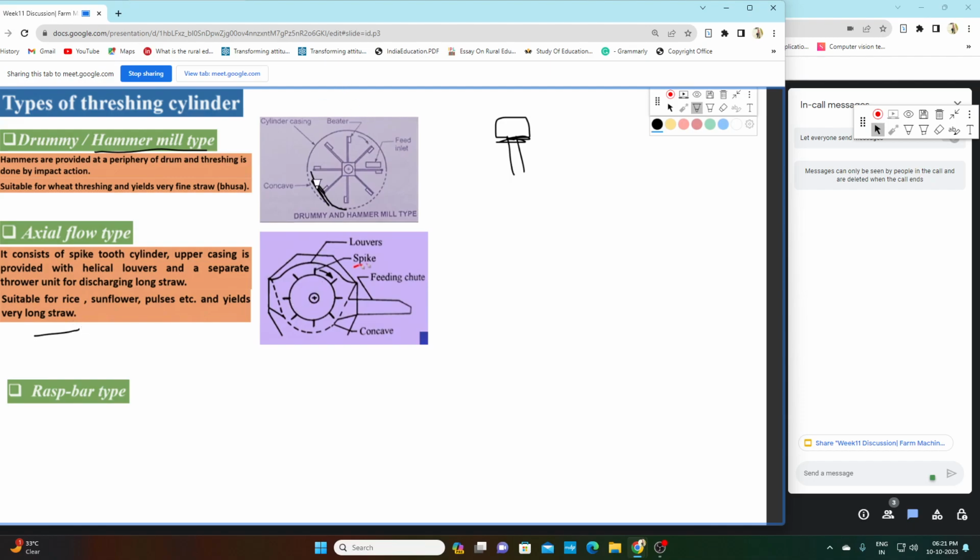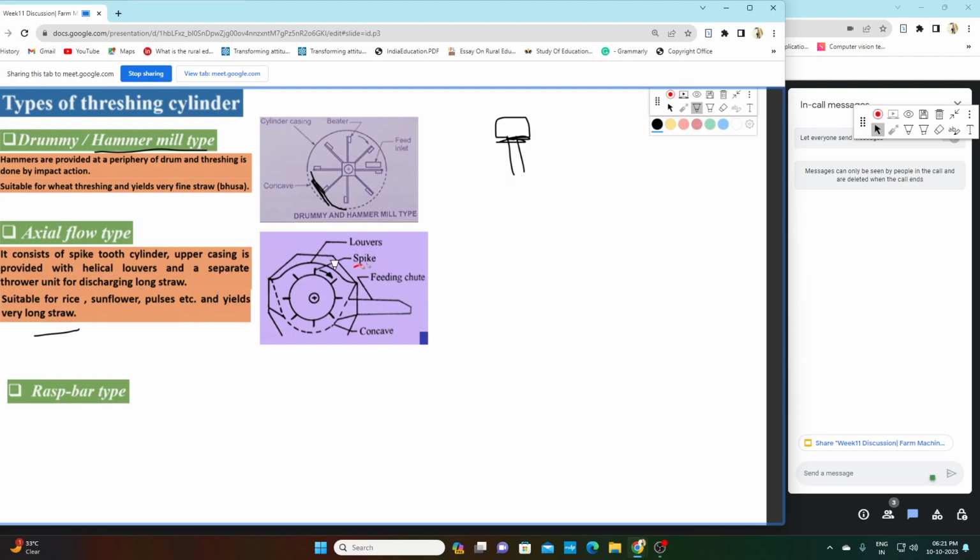Just like your drummy mill or hammer type threshing cylinder, here the hammer is replaced by spike teeth. Here there will be a cylinder, and on top of the cylinder there will be spike teeth. So this spike tooth will serve the same operation.